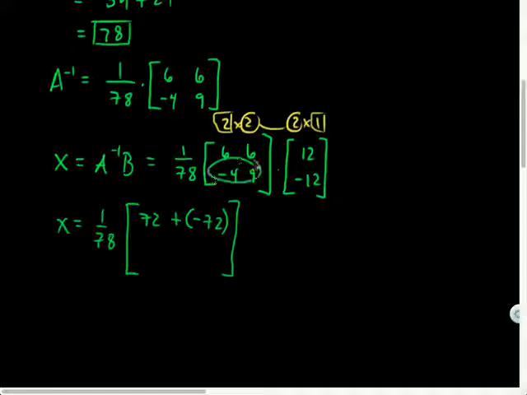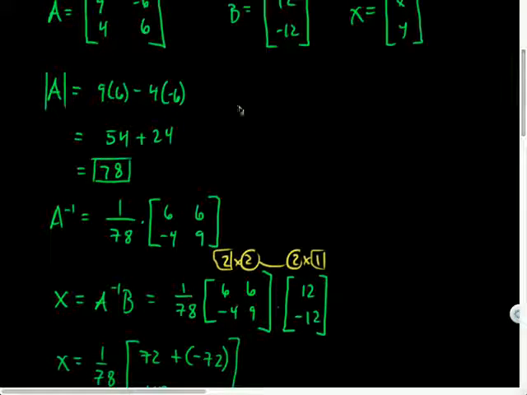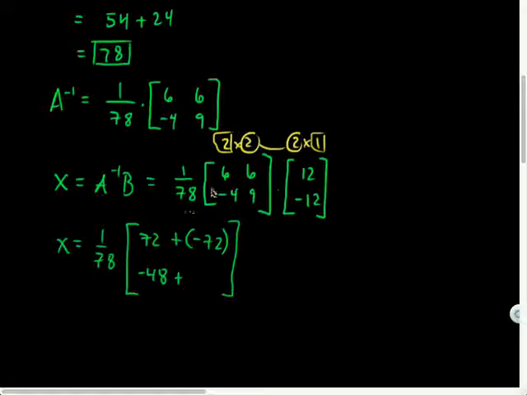And then for the second row, first column, I'll multiply the second row by the first column. Negative 4 times 12 is negative 48 plus, and like I said a moment ago, for multiplying matrices you're adding all of your little products. For determinants, you subtract. And 9 times negative 12 is negative 108.